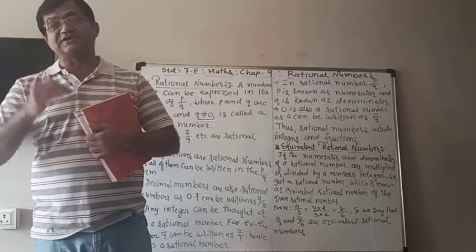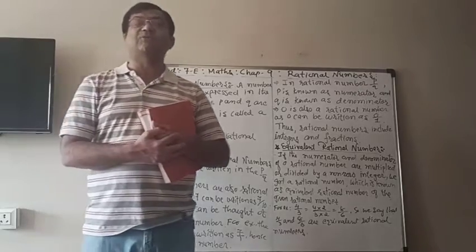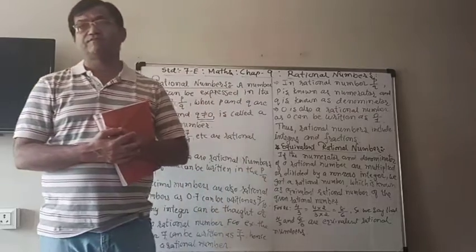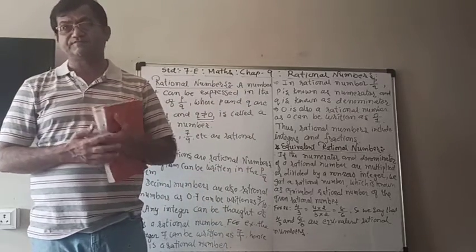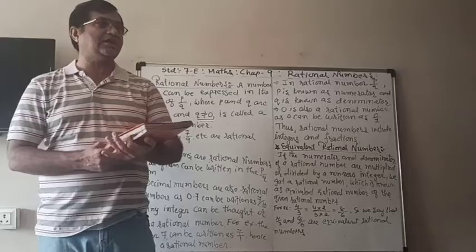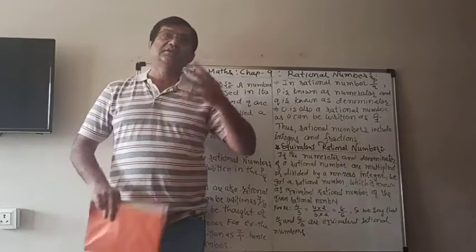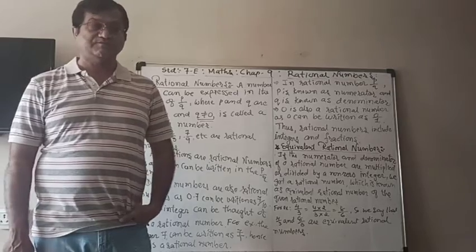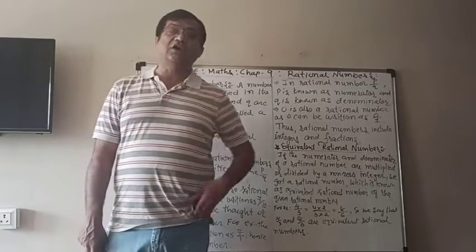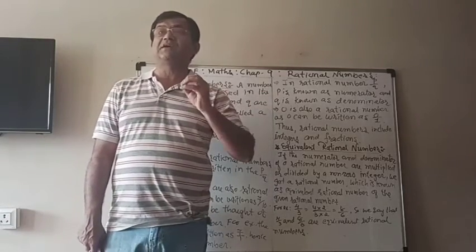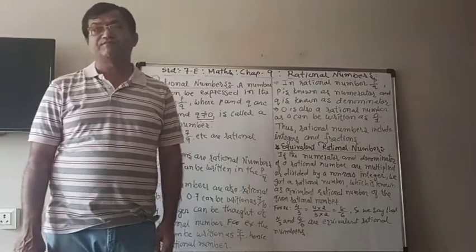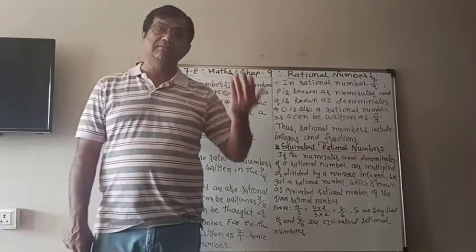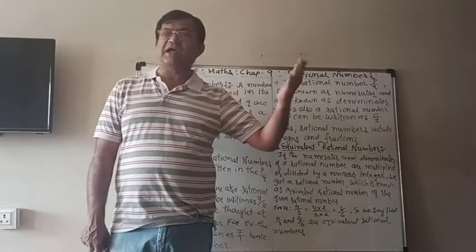But when we subtract a greater number from the smaller number, like 3 minus 7, we don't get an answer. So in this situation, they include more numbers which are the opposite numbers of the natural numbers, negative numbers, like minus 1, minus 2, minus 3 and so on.